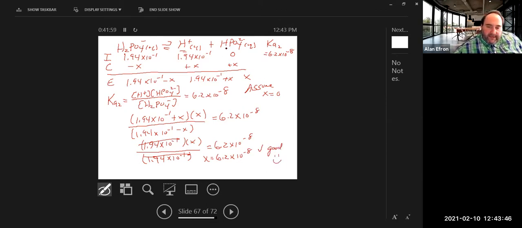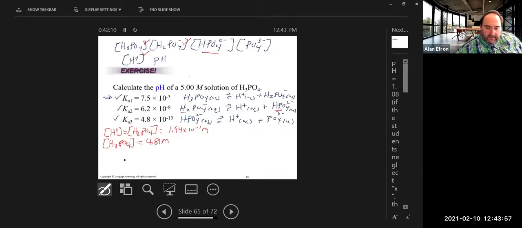So in terms of answering some of our questions, let's take a look at what that means. Our HPO4 2 minus is equal to X. So if we add that back to our little tally here, our HPO4 2 minus equals X in this case, which is 6.2 times 10 to the minus 8 molar.